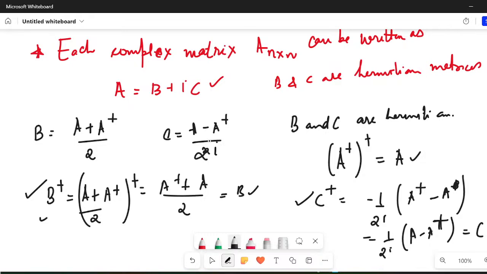Okay, now comes the eigenvalue problem, and that is the most important thing that you should pay focus on.